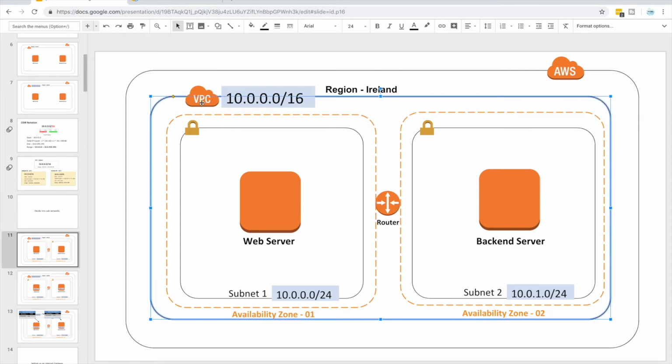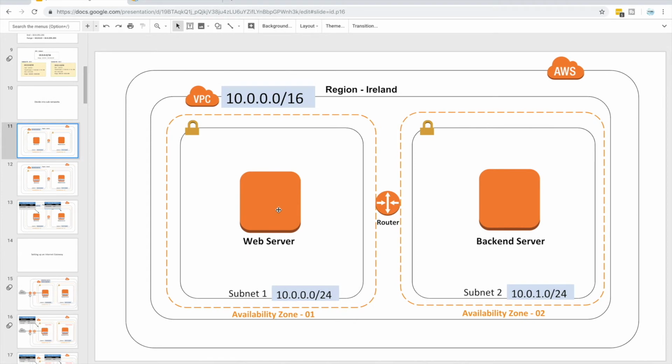Once you create a VPC, there will be a VPC router automatically configured for you. This VPC router basically allows communication between the subnets of this VPC. It will make sure subnet 1 can always talk to subnet 2. We'll get into that in a bit.